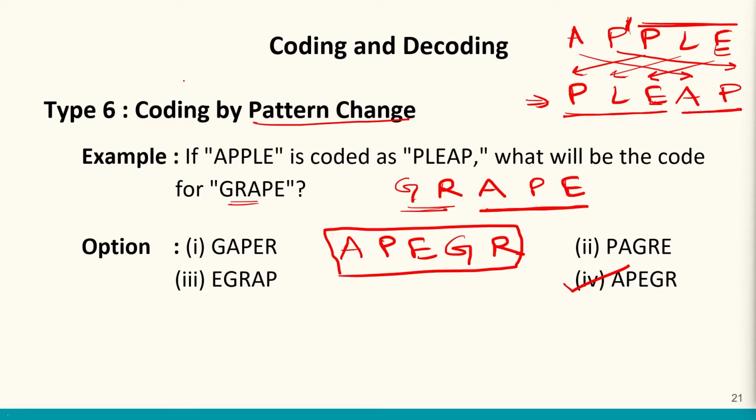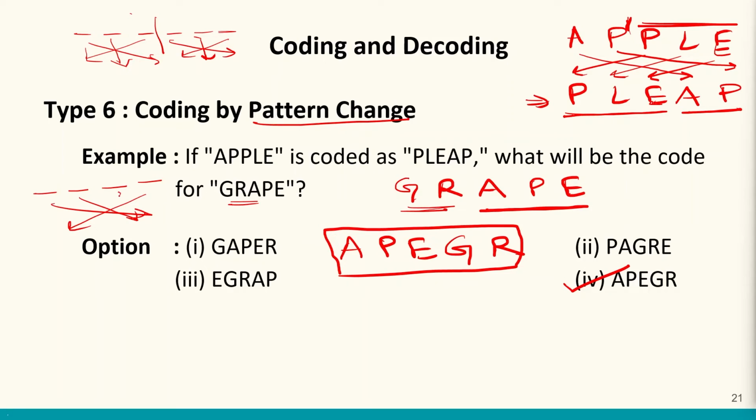So basically, whenever we solve questions by pattern change, we have to understand the pattern. Sometimes it is like this. Sometimes if we have a 6-letter word, the pattern is something like this. This is written here, here, here. This is a very common pattern that we get in exams. If it is a 4-letter word, the pattern usually is this sometimes. Once you start solving more and more questions, it is easier for you to understand the pattern.